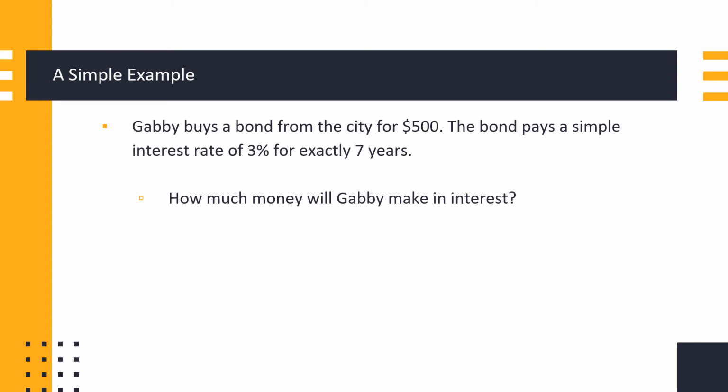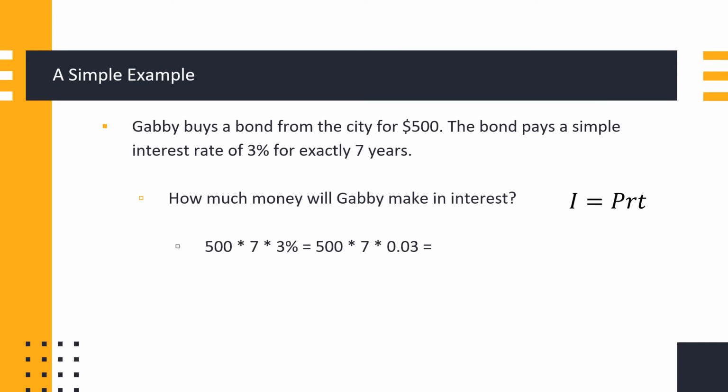In our example, however, we can ask, how much money is Gabby going to make in just interest? And remember that formula before, it's interest equals principal times rate times time. And in this case, that's going to be 500 times 7 times 3%, or 500 times 7 times 0.03. Remember, when you're doing these percentage calculations, the 3% is just 0.03.